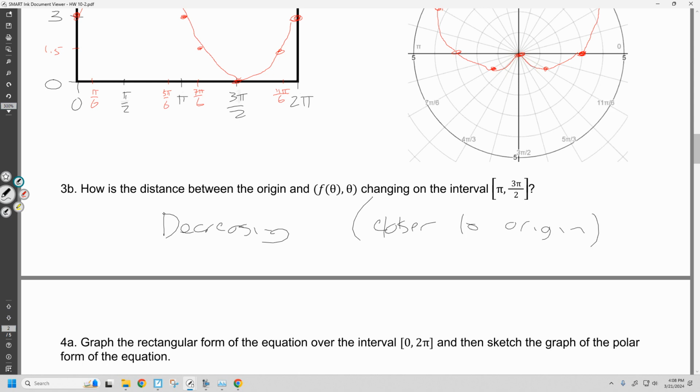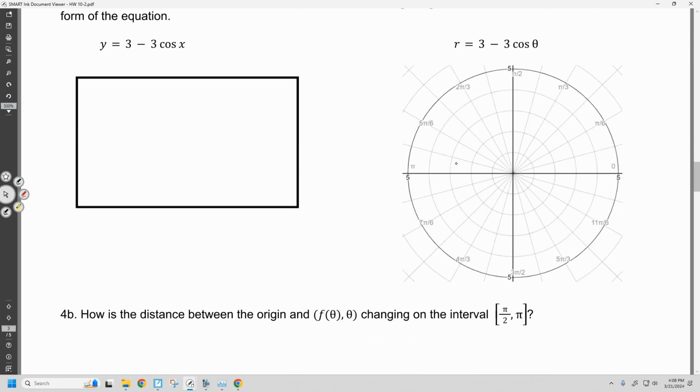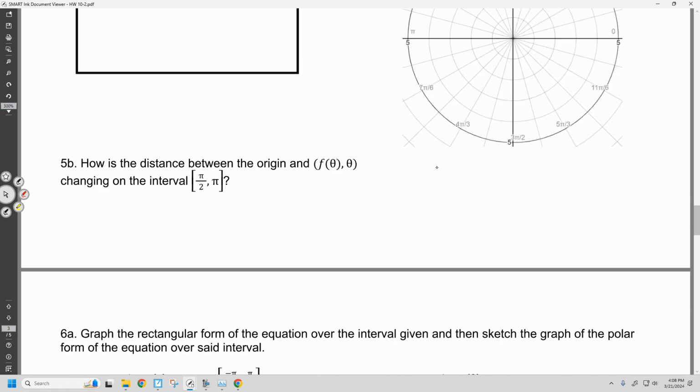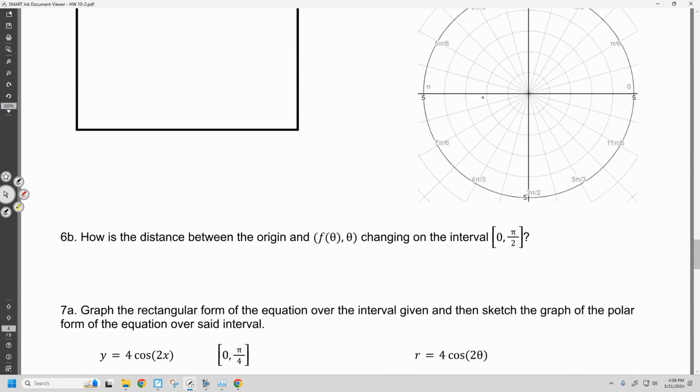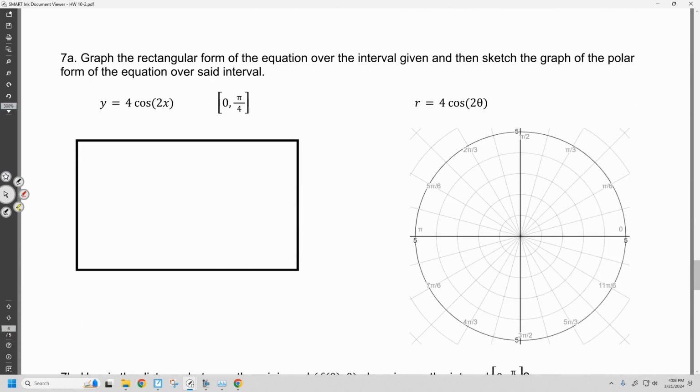Now, last thing. Seven A. We got a horizontal dilation, people. It's going to affect my period.